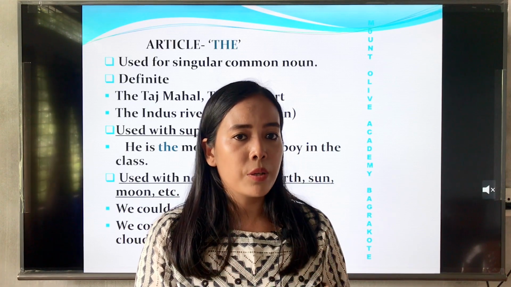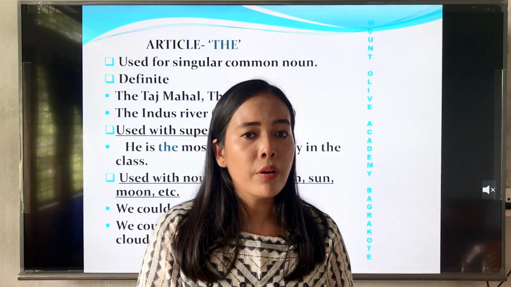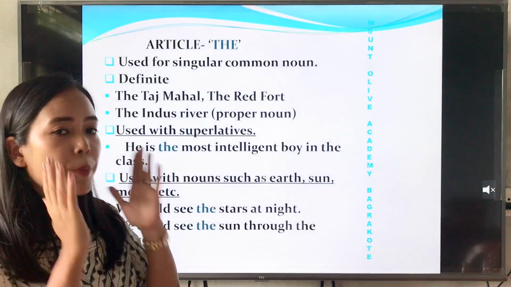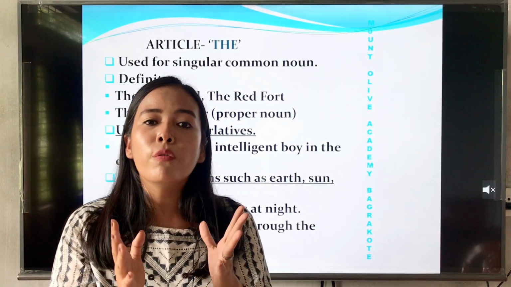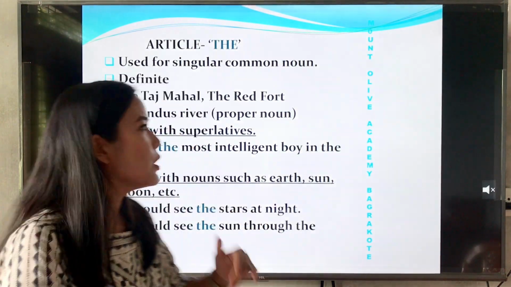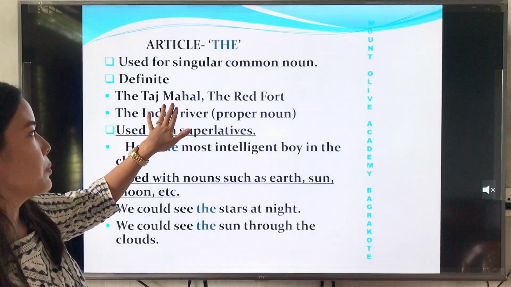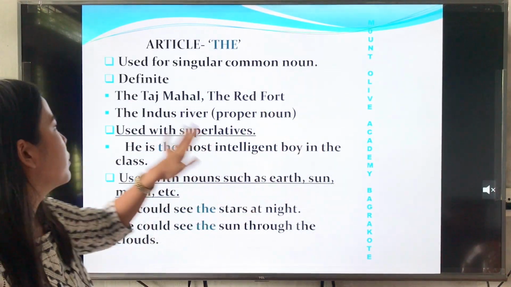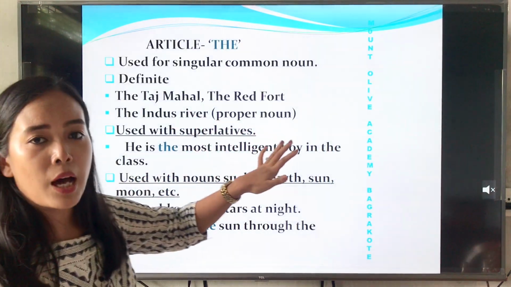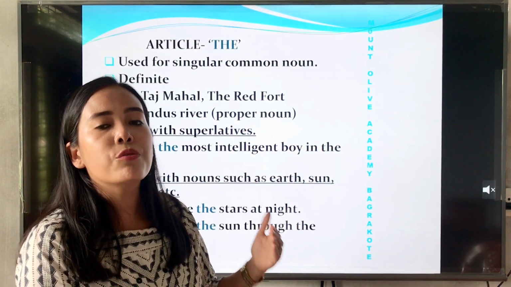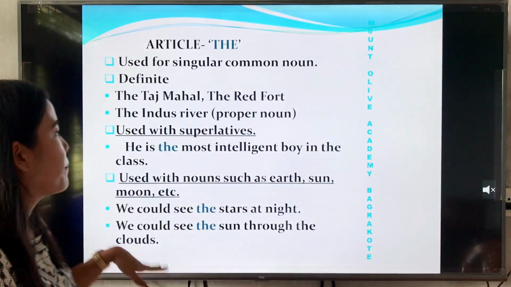Taj Mahal is located at Agra in our country. So we are very specific. When we say Taj Mahal, we know which Taj Mahal we are talking about. So we will use the article the Taj Mahal. The Red Fort. The Indus River. Proper nouns. Okay. Before proper nouns, we will use article the.